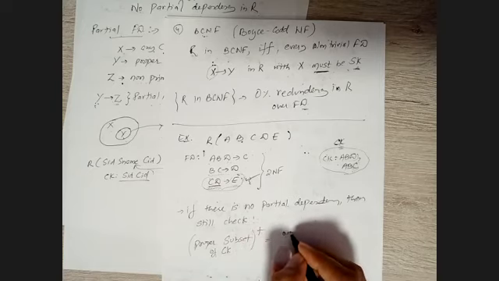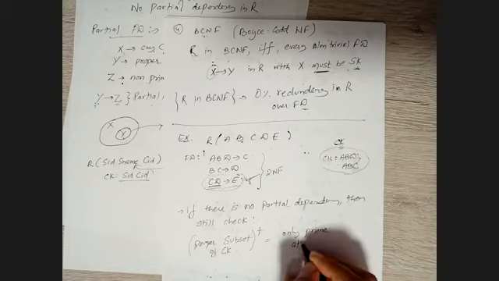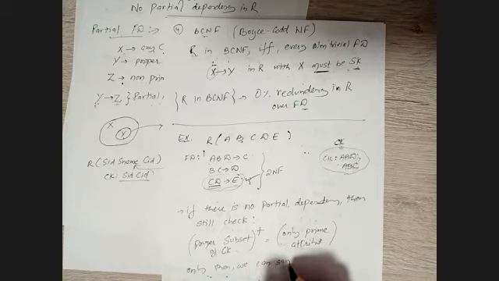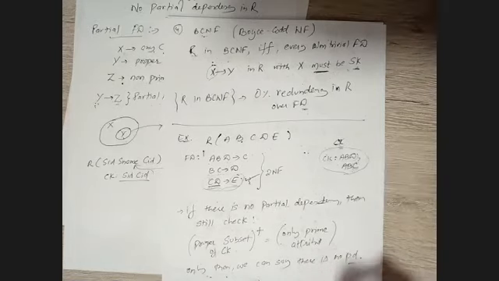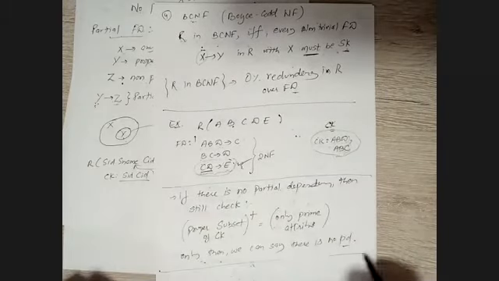It equals only some prime attribute. Only then, understand, only then we can say that there is no partial dependency. Understand what I said? This is important, because generally we used to miss this point.